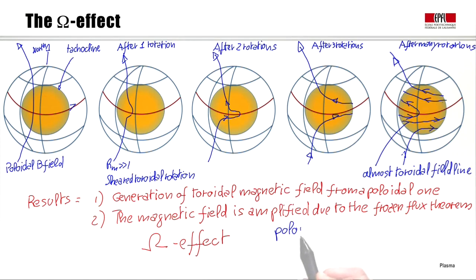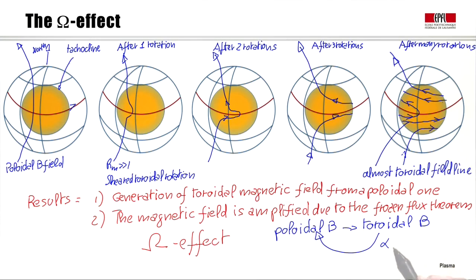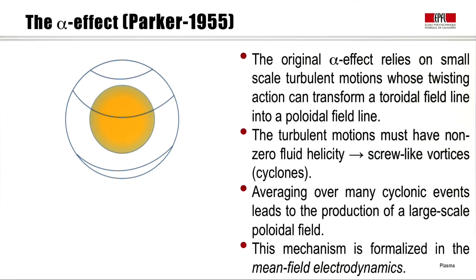Now, to complete the cycle, we need a mechanism that allows us to convert a toroidal magnetic field into a poloidal one. This mechanism is less clear, and one possible solution is the so-called alpha effect. The main idea of the alpha effect was originated by Parker in 1955.